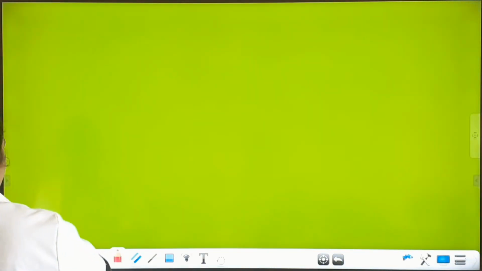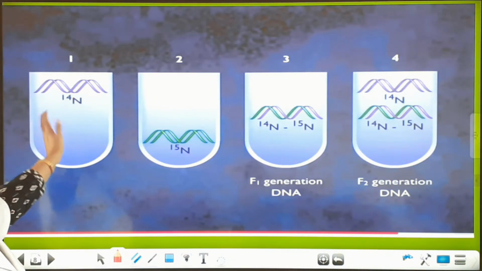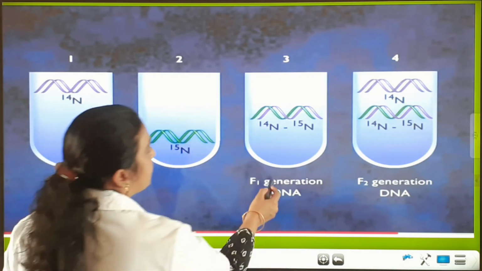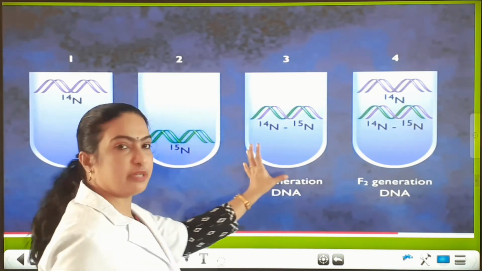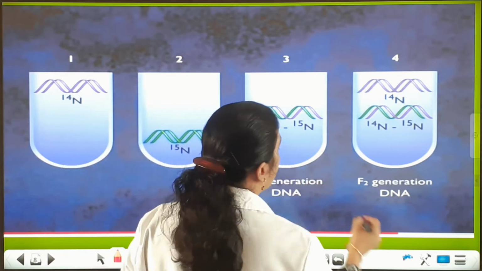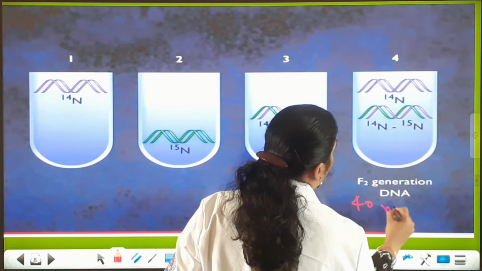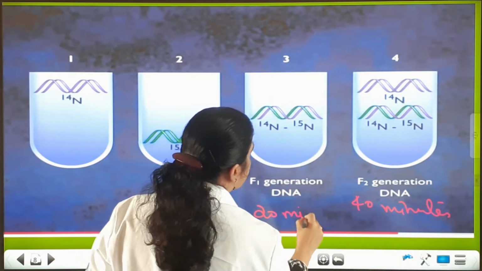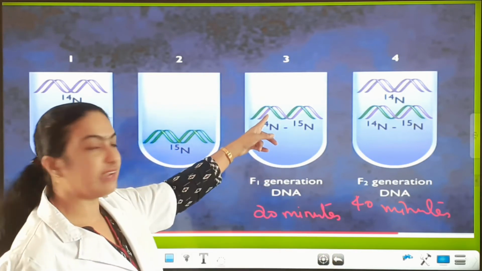Okay, so here we can have first N14 and N15. After the first generation they got N14, N15, a hybrid variety. Then the F2 generation, that is another 20 minutes, a total of 40 minutes. After 20 minutes we can have a hybrid variety.